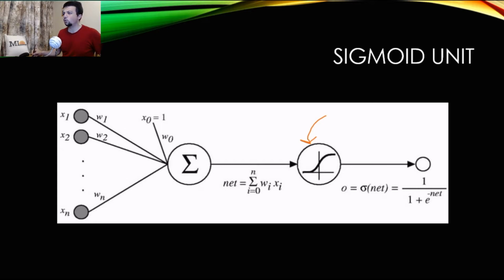And don't worry about this mathematical thing over here for now, but I just want you to know that this is one of the examples of a type of function that you can use in a unit of a neural network, or in a huge neural network.